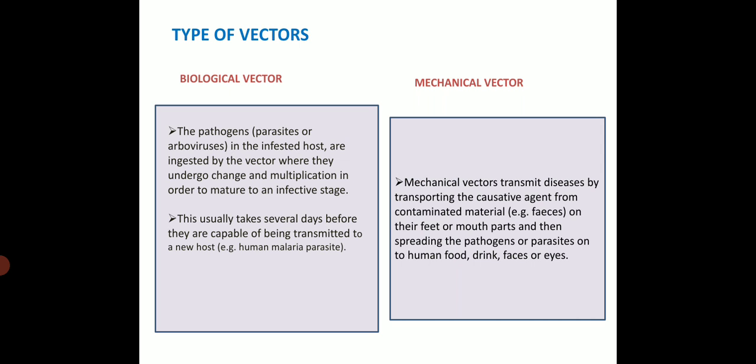Types of vectors. There are 2 important types, that is biological vector and mechanical vector. In a biological vector, the pathogens or parasites or arboviruses in the infected host are ingested by the vector, where they undergo change and multiplication in order to mature to an infective stage.